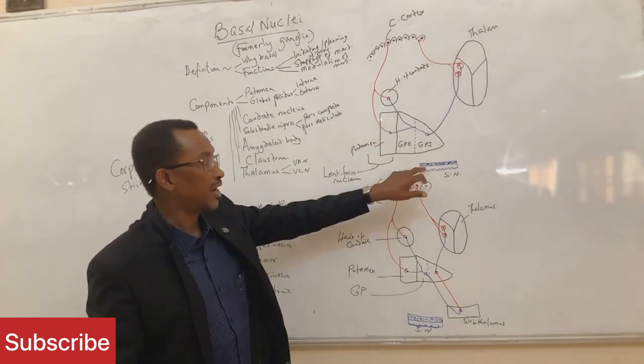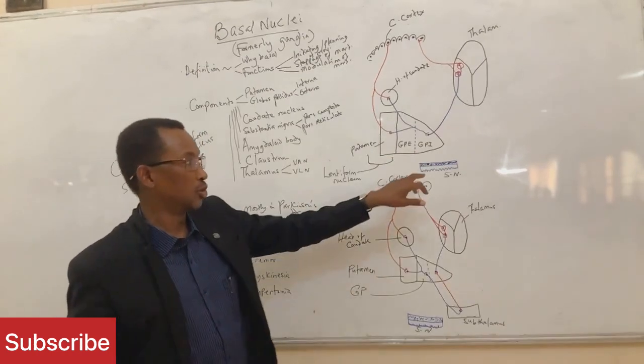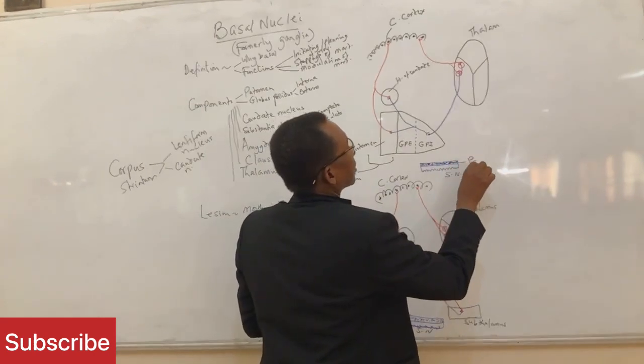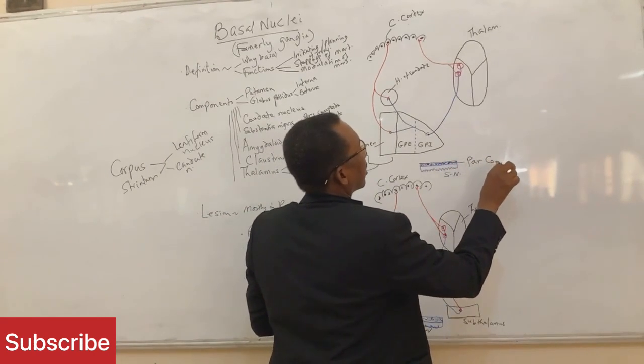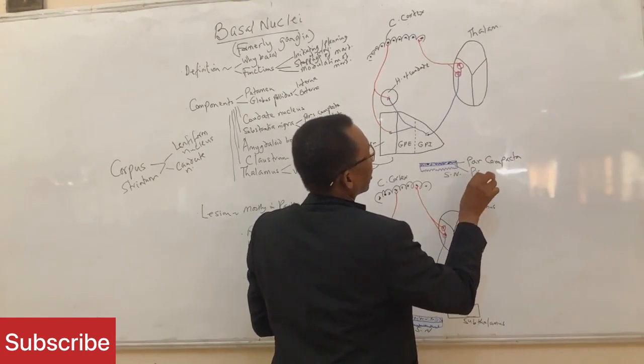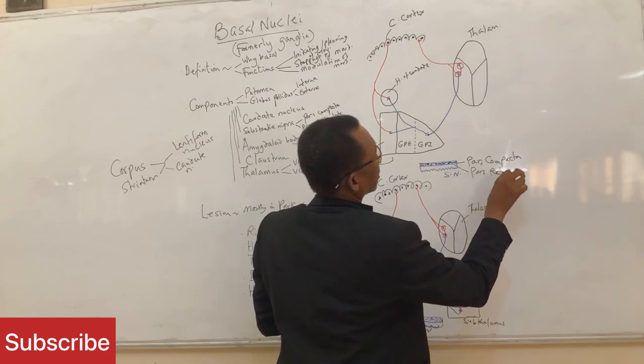The substantia nigra is also considered to be part of the basal nuclei, and it is divided into two parts: pars compacta and pars reticulata.